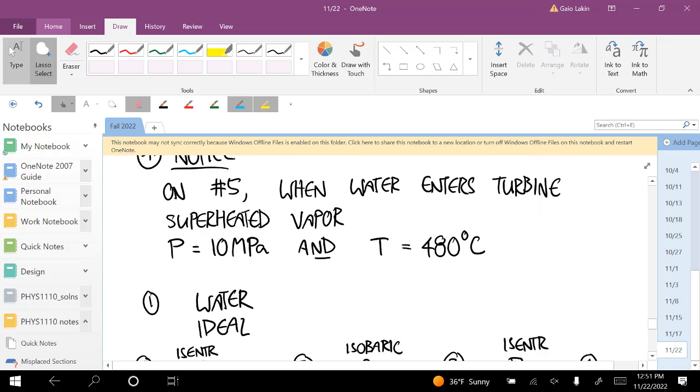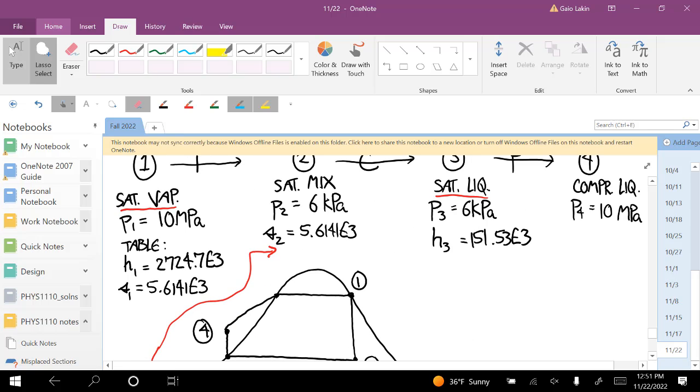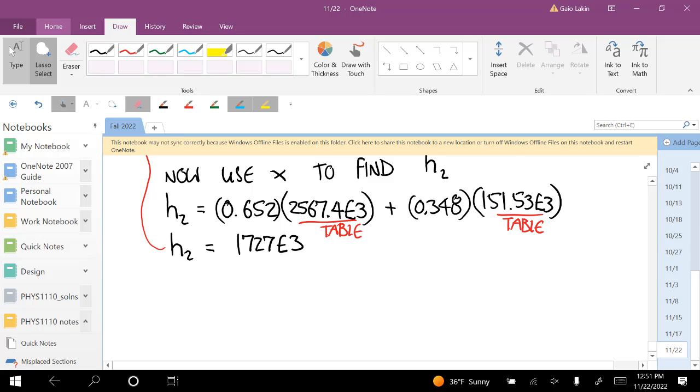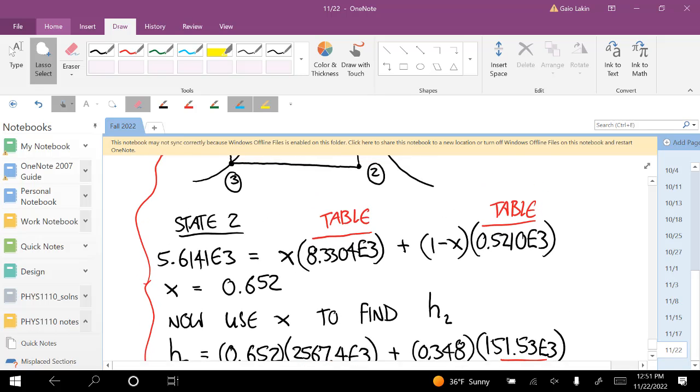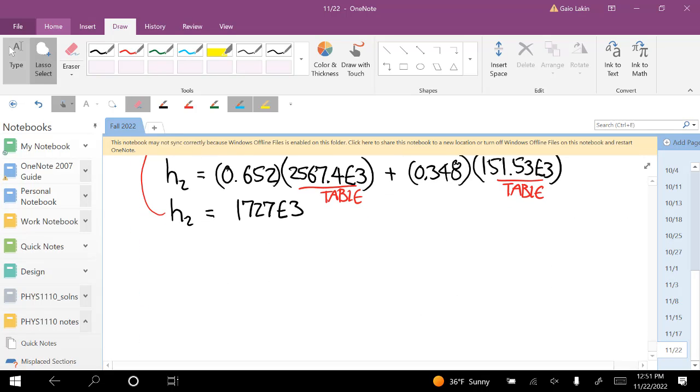Since we know it's state 2, it's a saturated mixture, and we have the pressure, we can already look up the saturated vapor and saturated liquid values of any properties we want. The only thing we have to figure out in order to get H2 is that quality. So use the entropy for that. So now we just need H4.